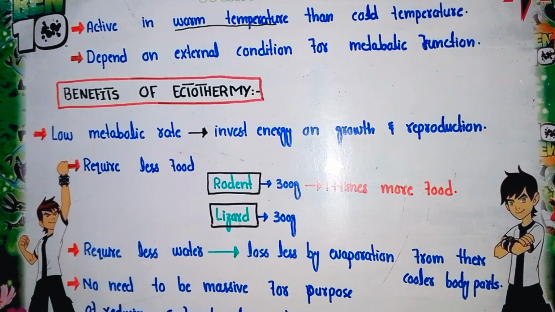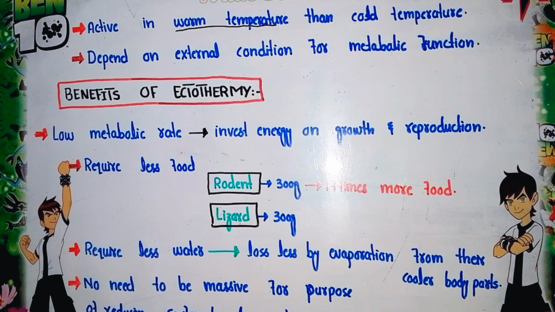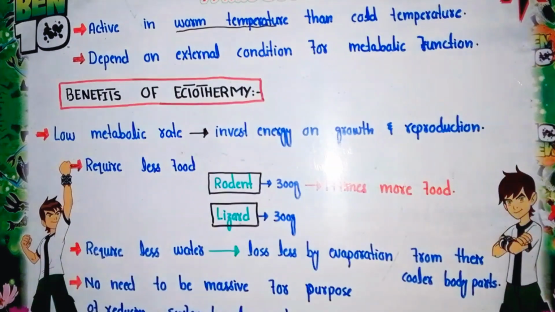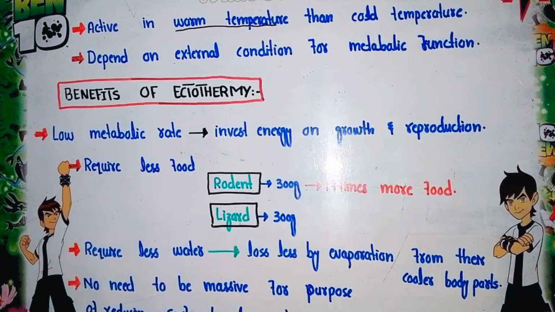The last characteristic is that they depend on the external temperature for their metabolic reactions, as we have already discussed in the definition of ectotherms. So they rely on external temperature for the metabolic reactions that occur in their body.